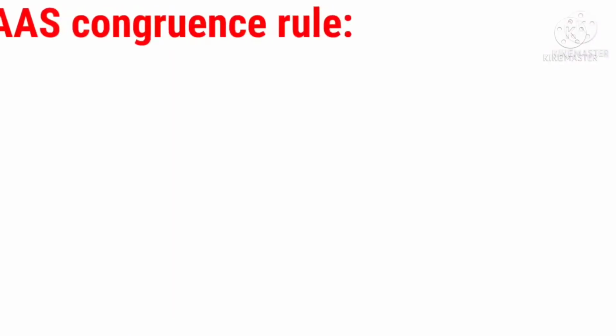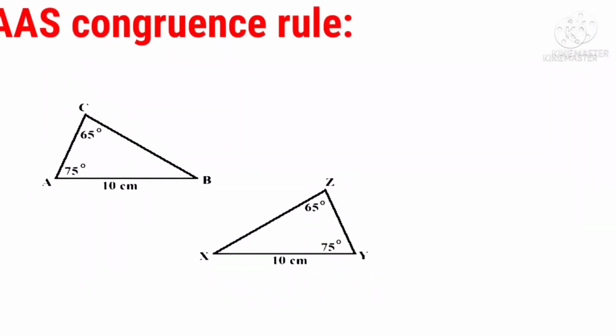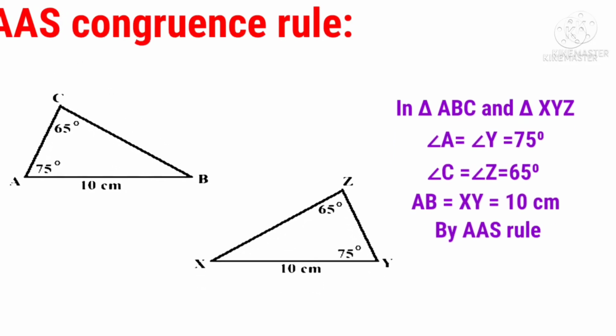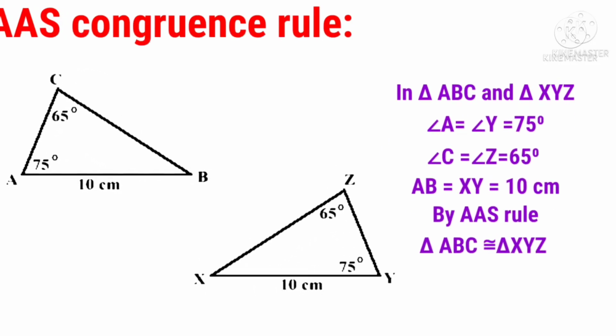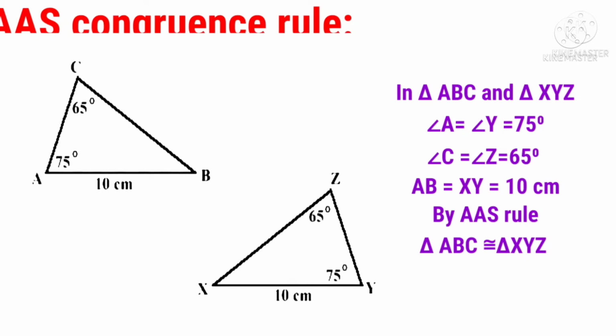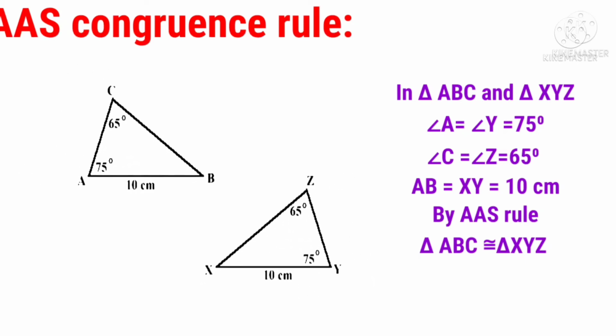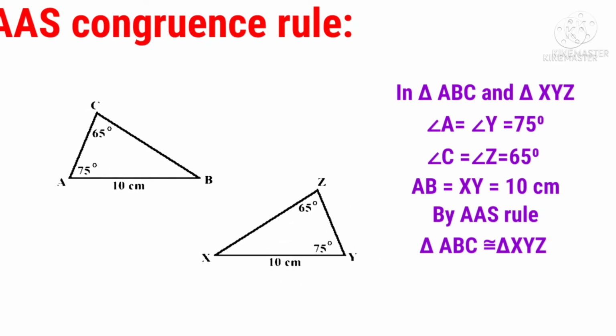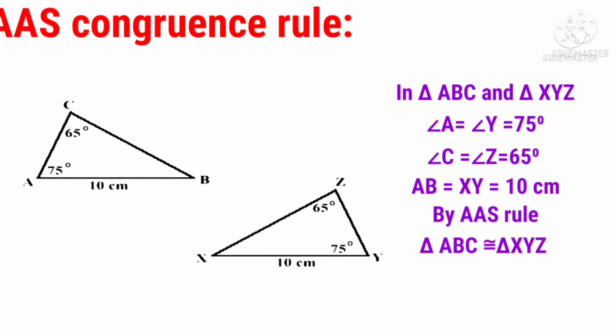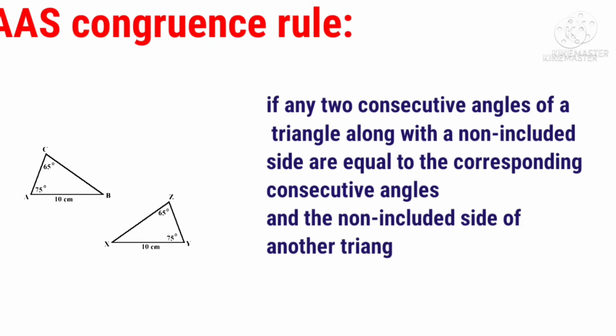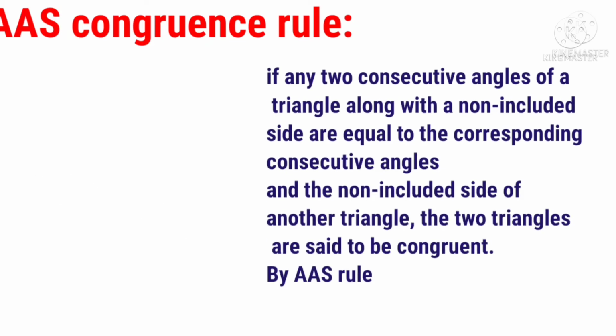AAS congruence rule. Here in these two triangles, the two angles and the non-included side are equal, right? Angle A and angle Y are 75 degrees, angle C and angle Z are 65, and XY and AB are 10 centimeters. So by the AAS rule, we can say they are congruent. So what is the AAS rule?